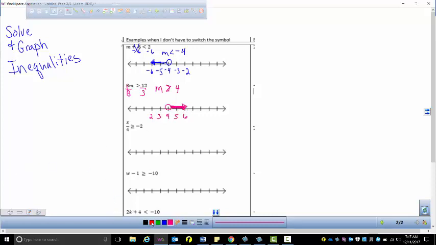Okay, let's try the next one. This says x divided by 4 is greater than or equal to negative 2. Well, to solve this one, I need to multiply by 4. So these two 4's cancel. x is greater than or equal to. 2 times 4 is 8. One negative sign means it's going to be negative. So in the middle somewhere I put negative 8.